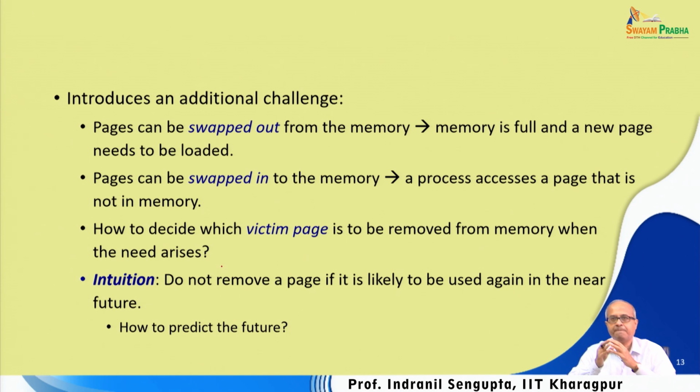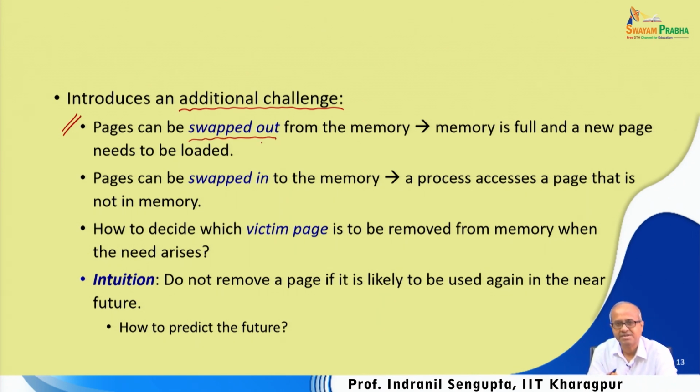Now, as I said earlier, let me repeat. When this on demand page loading comes into the picture, it introduces an additional challenge. When you are bringing in a page, that can result in some page being swapped out.